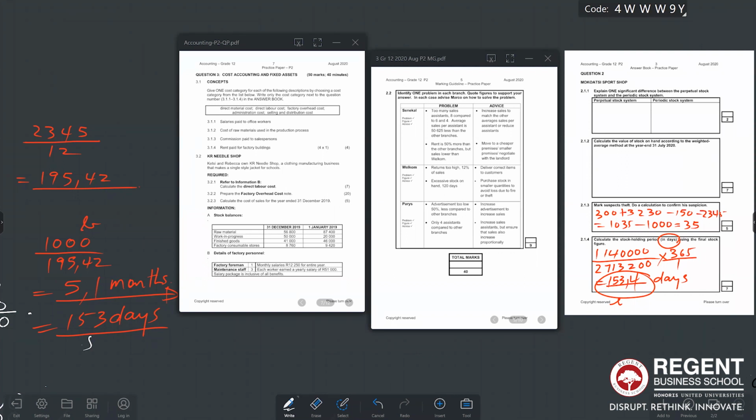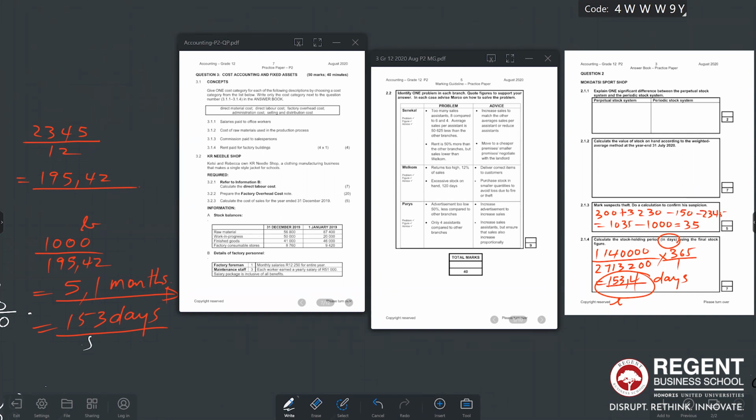So the formula: total fixed costs, which is made up of factory overhead plus admin. Total fixed cost is your factory overhead plus administration cost divided by selling price per unit minus variable cost per unit. What is variable cost per unit?